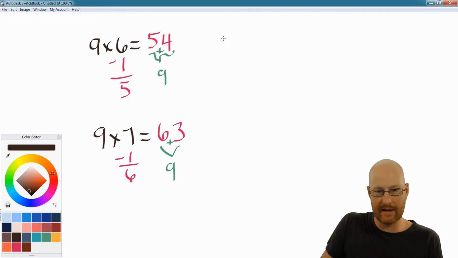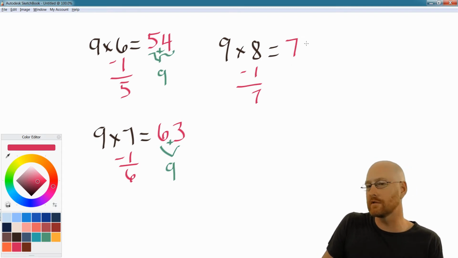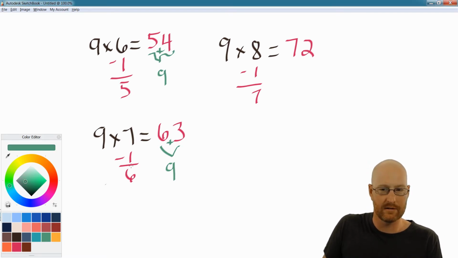Now let's try 8. So let's go 9 times 8 equals what? Well, apply our trick, subtract 1, and we get 7. Now 7 plus what equals 9? 7 plus 2. 7, 8, 9. And we can confirm 7 plus 2 equals 9.